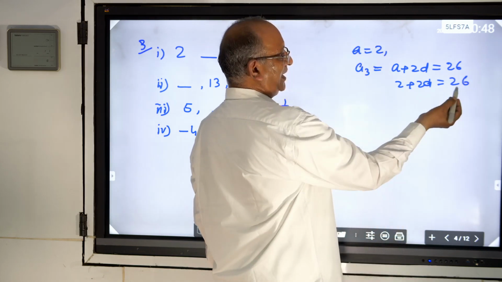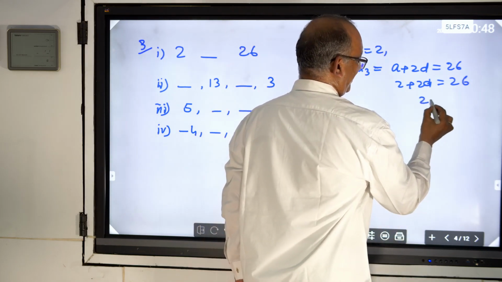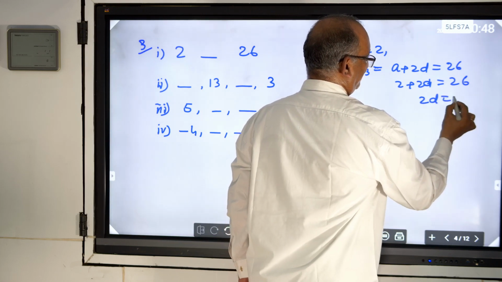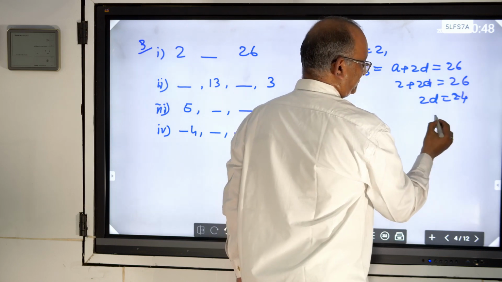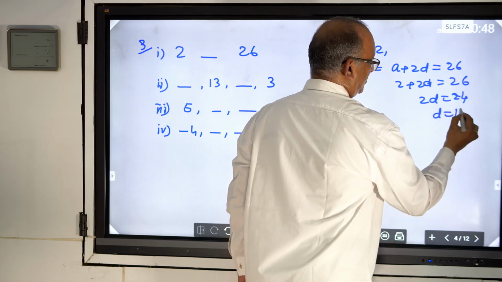So take 2 to the other side, you will get 2d equal to 24, and if you divide both sides by 2, you get d equal to 12.